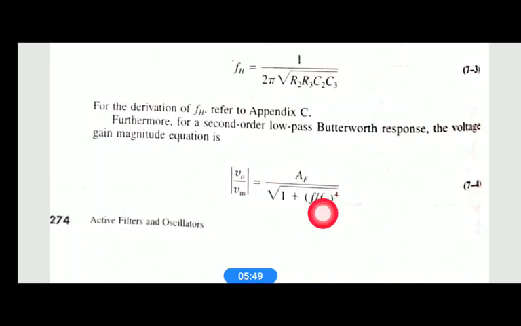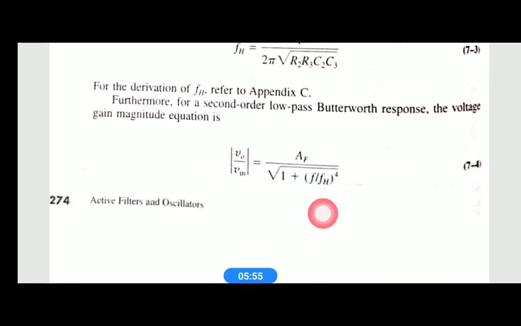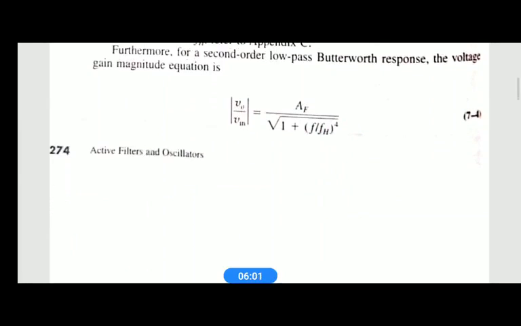In the first order, it is squared, while here it is powered by 4 in the denominator.